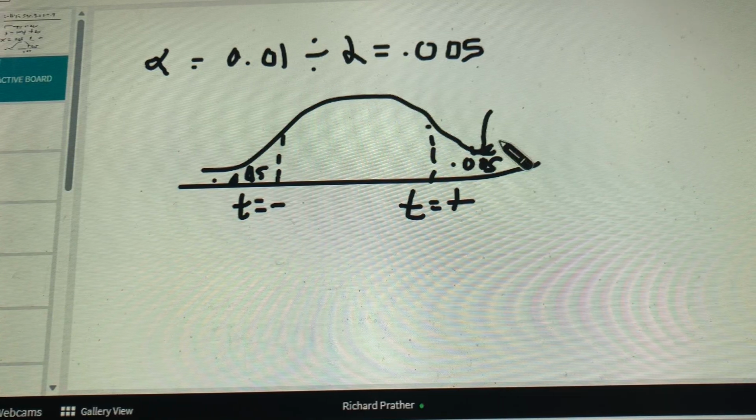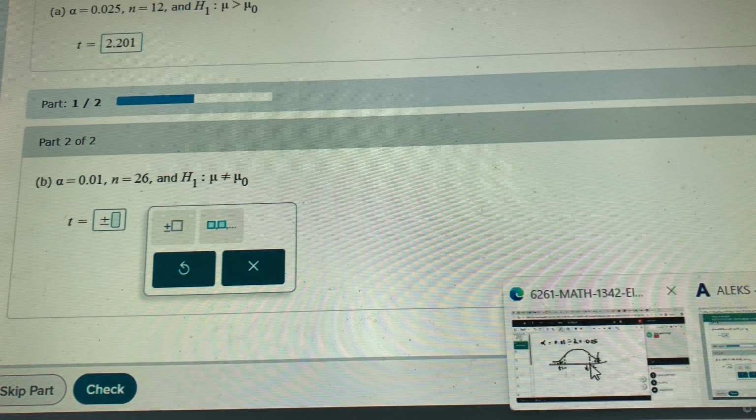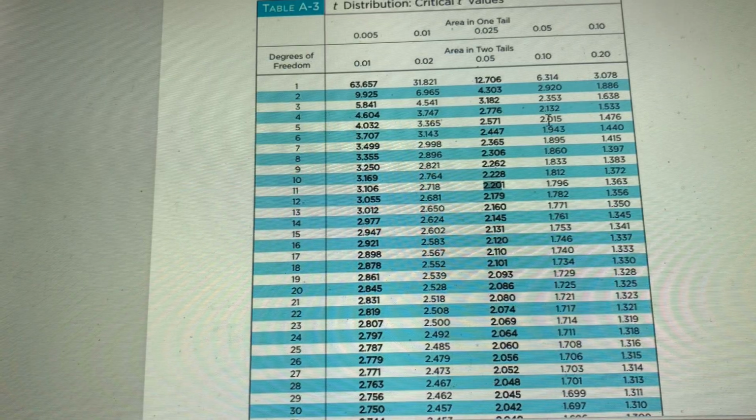And n was 26, so the degrees of freedom would be 25. So I have 0.005 in one tail, which is right here in the first column, or it's 0.01 combined in both tails.